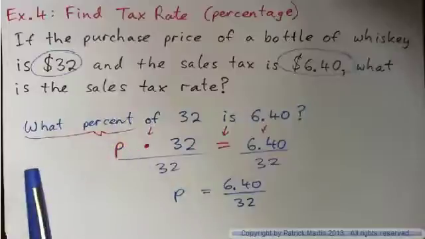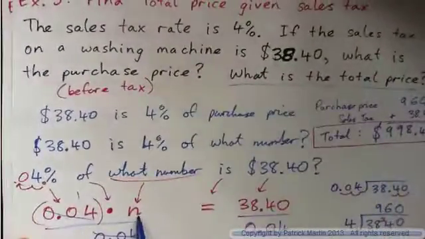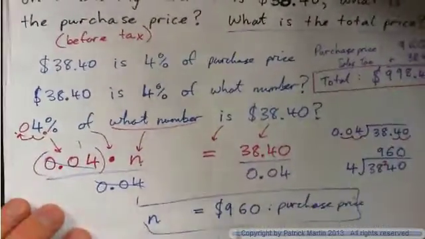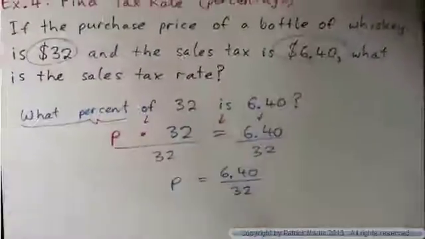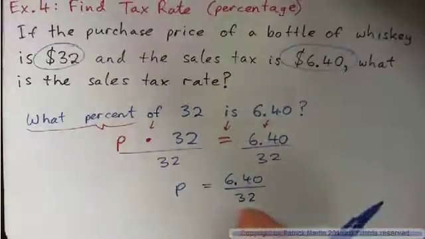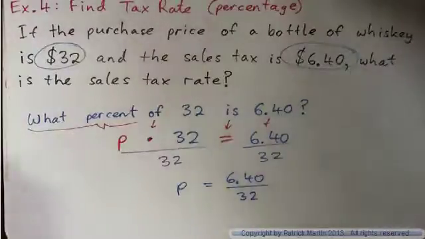When I'm looking for a number, I stick in the letter N, like the last time when I made an equation, because we were looking for a dollar amount. It doesn't matter what letter you use. When I'm looking for a percent, I put P. That just reminds me I need a decimal, and then I need to turn the decimal into a percent, right?